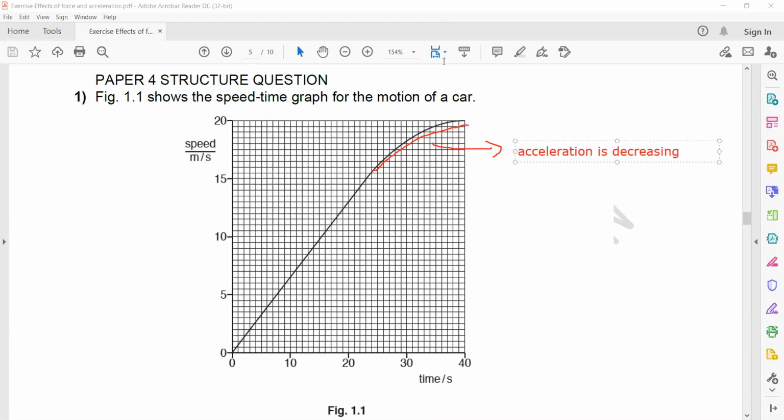What does it mean that acceleration is decreasing? For example, the speed was say 13 meter per second when time is equal to 0, for example, or time is equal to 25. Then the speed is say 18 meter per second when time is equal to 35.